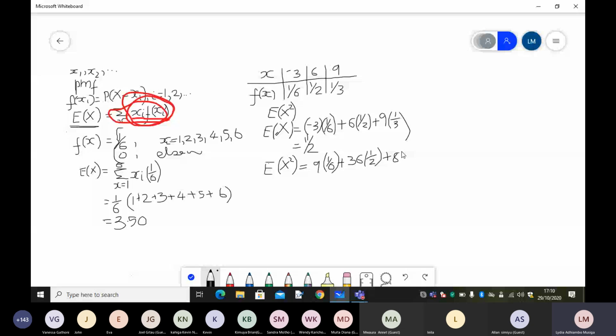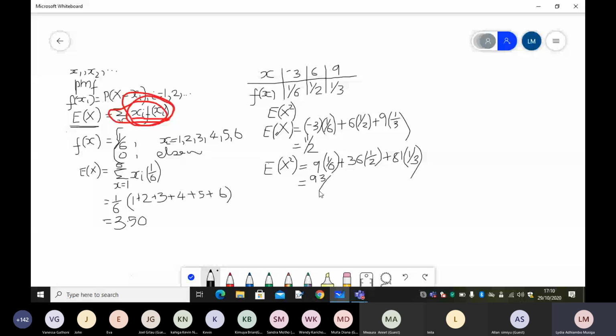So the expectation of x squared will be 93/2.